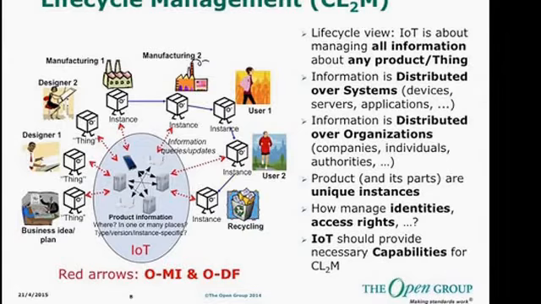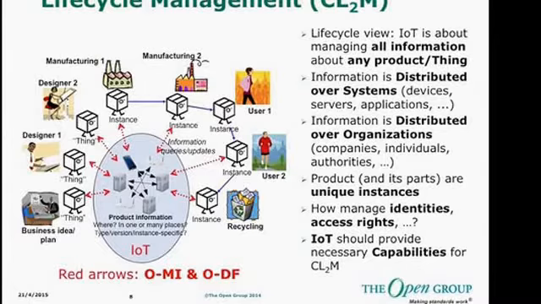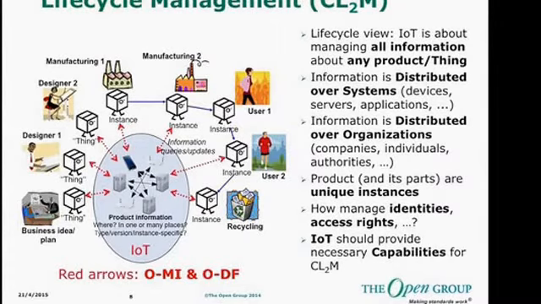So when you are dealing with closed-loop lifecycle management, that means that you really are dealing with systems of systems, where the systems can be embedded systems, sensors, or any kind of back-end systems of different kinds. So in this picture, the IoT is really an enabler for accessing all this information, and OMI and ODF are the standards that enable you to do it.